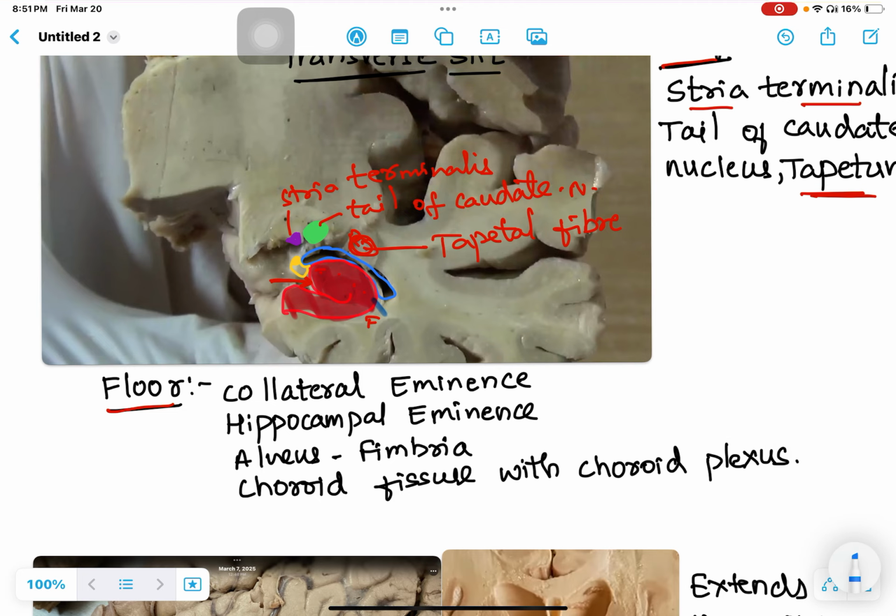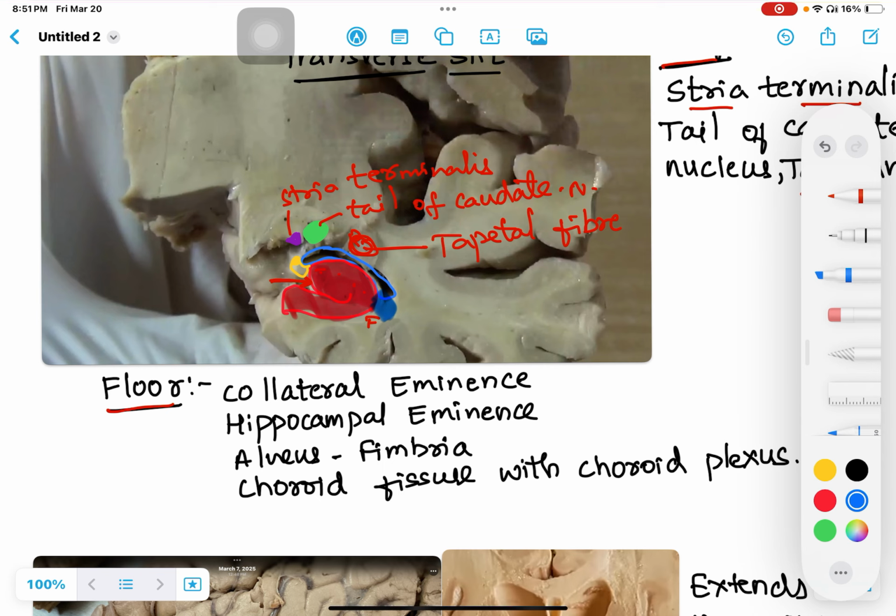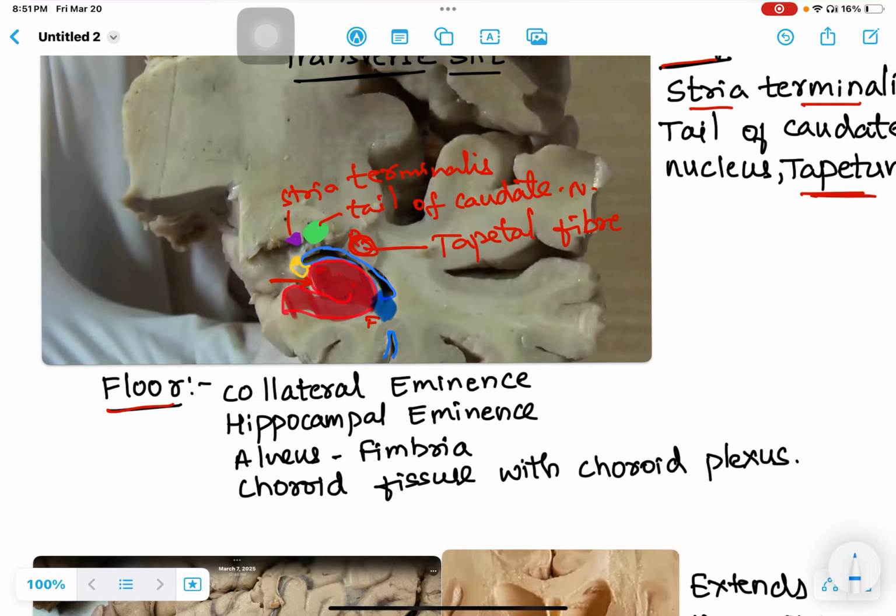This is the collateral sulcus, which projects into the inferior horn of the lateral ventricle to form an eminence, and that eminence is called the collateral eminence.